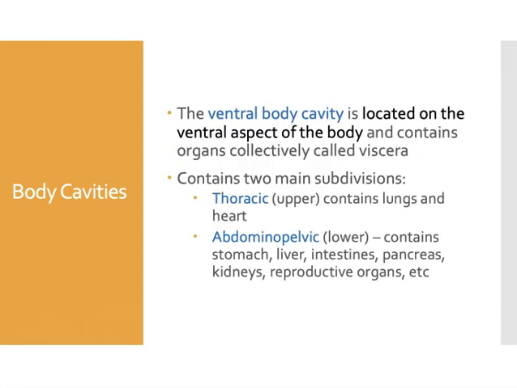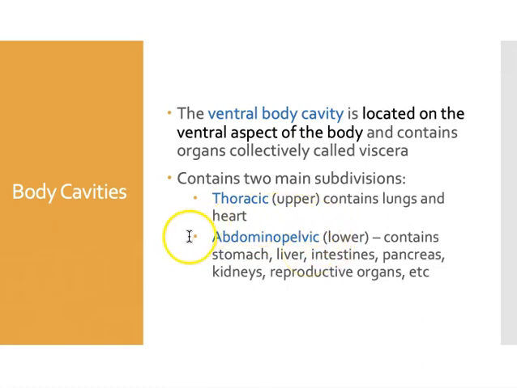The ventral body cavity is located on the ventral or anterior surface of the body and contains all of the internal organs. The subdivisions that we hear most commonly are thoracic, that's the upper or superior cavity, and abdominopelvic, which is the combined abdominal and pelvic cavities.